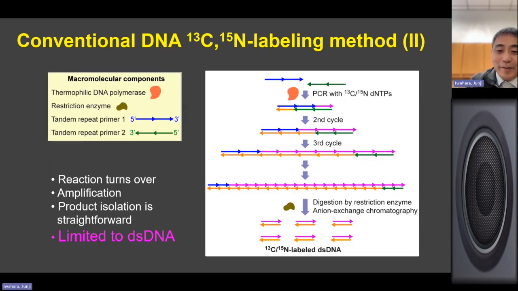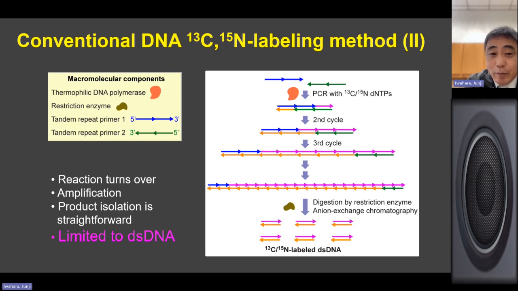Okay, of course, some of you think that DNA has very nice features like PCR, right? You can amplify DNA quite easily using PCR. And in fact, PCR was used for DNA labeling, and it works nicely.